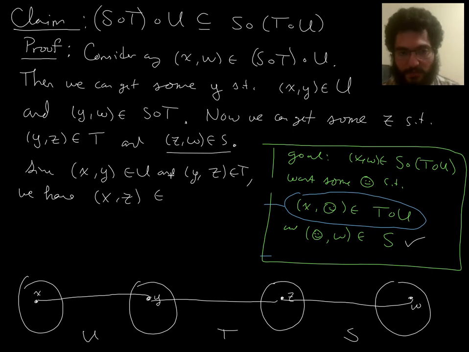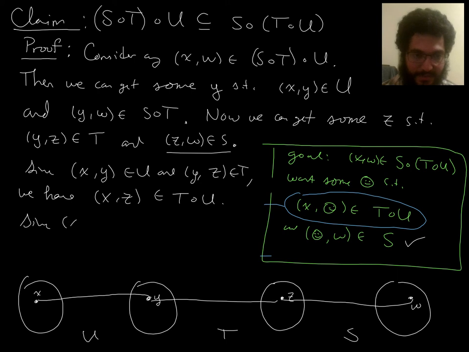Pair XY is in U, pair YZ is in T. Don't you just want to say is in U composed T? But no, it's T composed U. Isn't that so annoying? Okay.